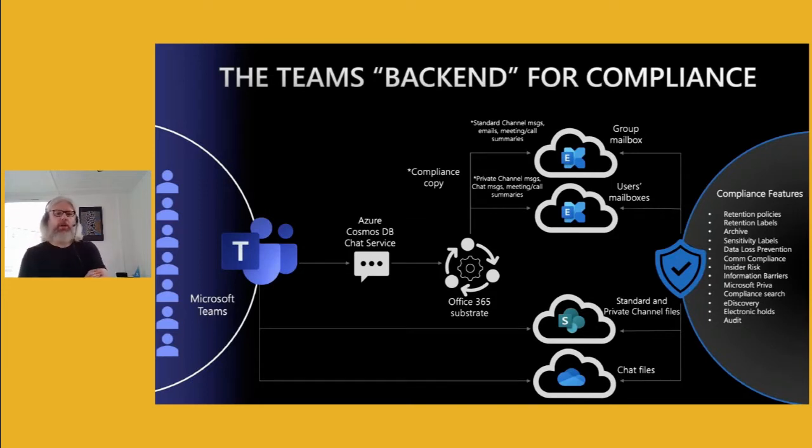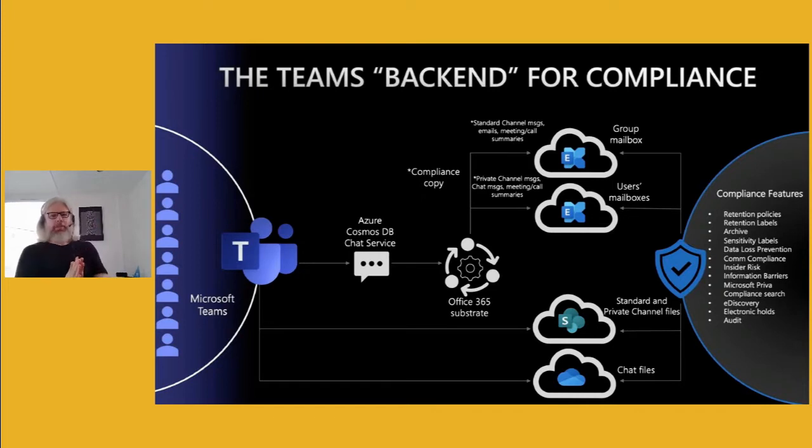You can target your retention policies towards them as well. So when you're doing those searches, you're not actually searching the Cosmos DB chat service. So whilst it's interesting to know that that is there, compliance admins, people doing the searches, they don't need to know that. It's not important.